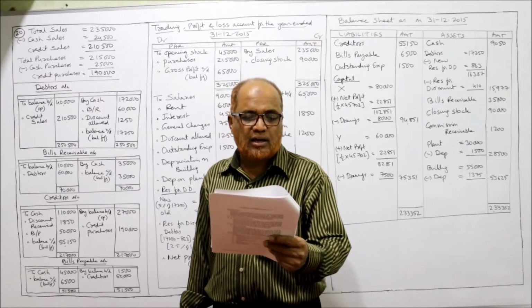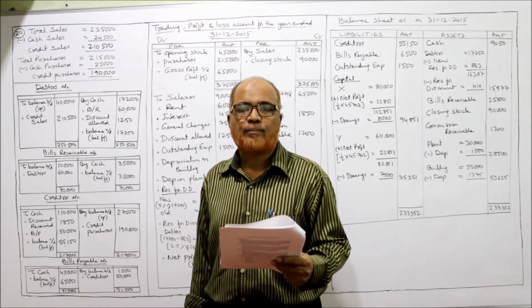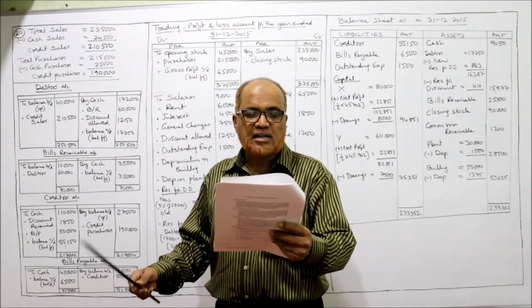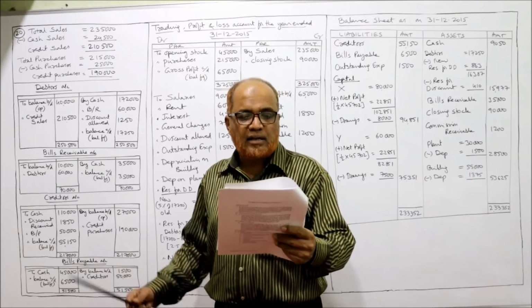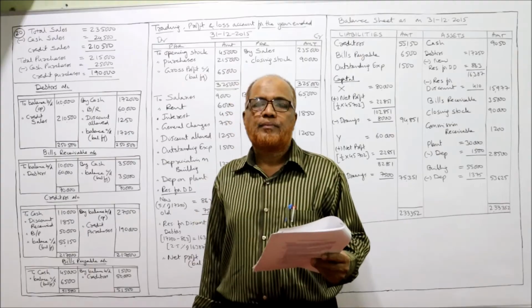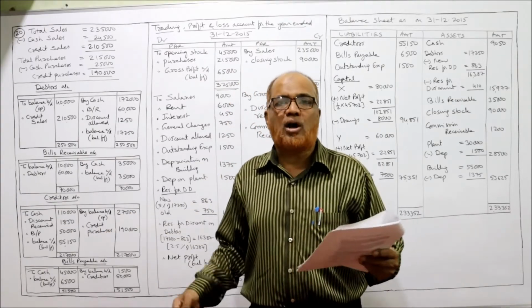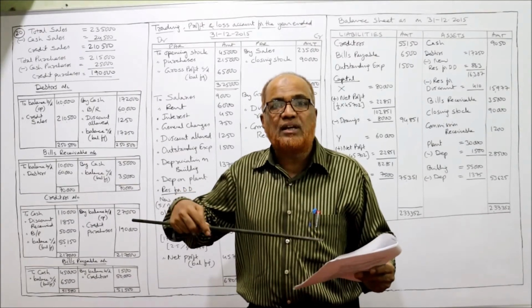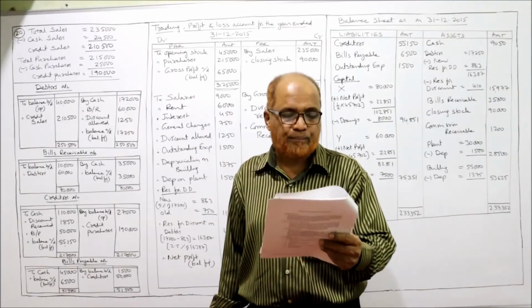And discount allowed by creditors. Creditors are the suppliers. So discount allowed by creditors is discount received, and discount allowed to customers is discount allowed. We allow the discount to the customers, it's a loss, whereas we receive the discount from suppliers, it's discount received, income.